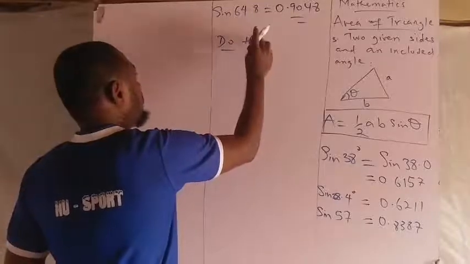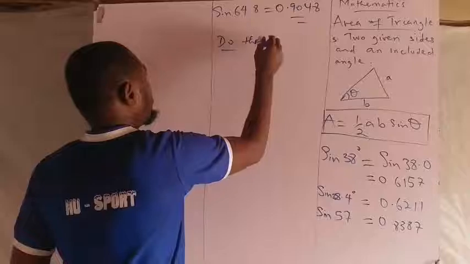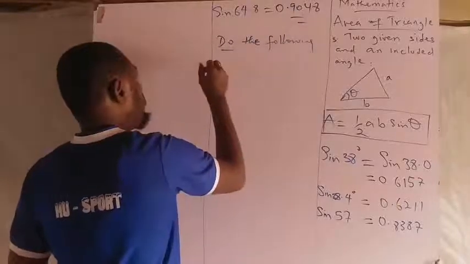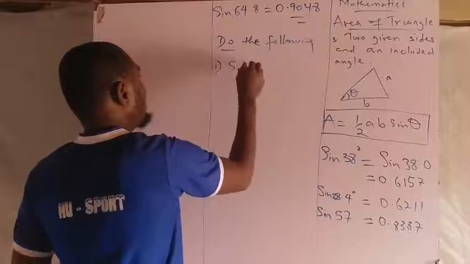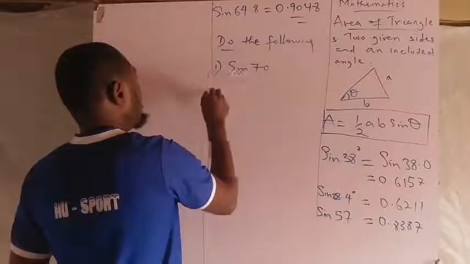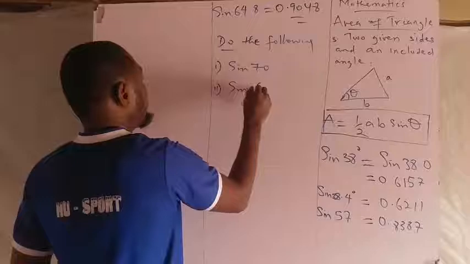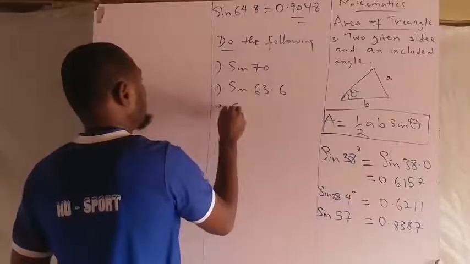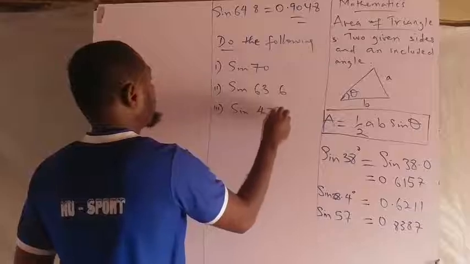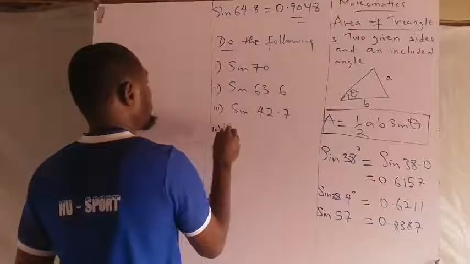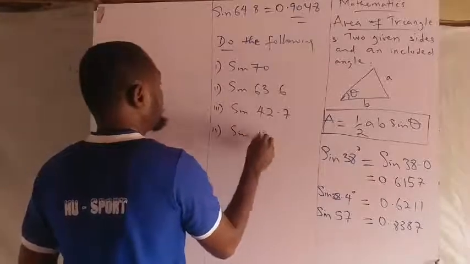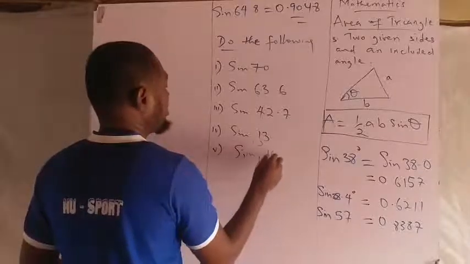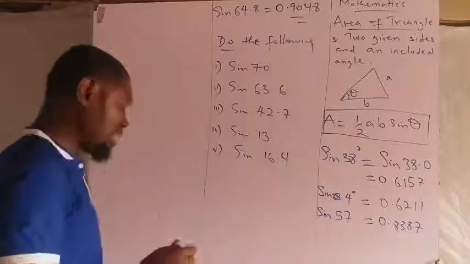Do the following: sine 70, sine 63.6, sine 42.7, sine 13, sine 16.4. So find out these respective values.